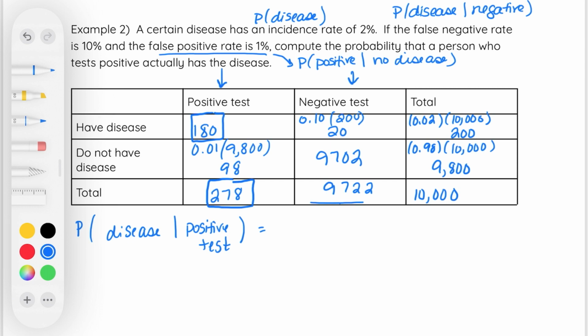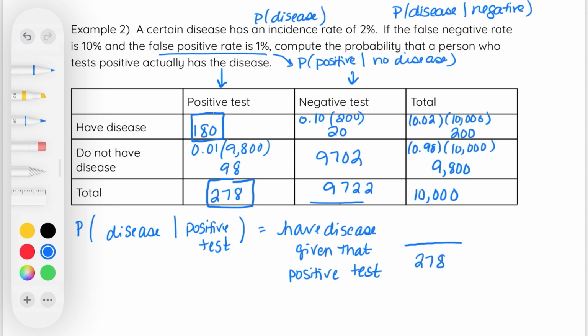So putting it into English language, they have the disease given that they have a positive test. So of all those who have a positive test, there are only 180 that actually have the disease, or 0.647, or about 65% of people who have the disease given that they tested positive.